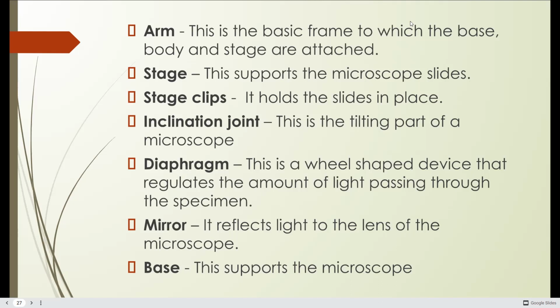You put the prepared slides on the stage and navigate them with the knobs. Inclination joint. This is the part of the microscope that lets us tilt it for better lighting condition.